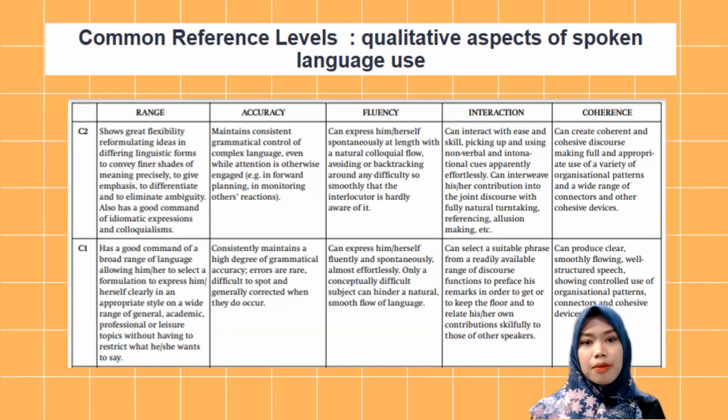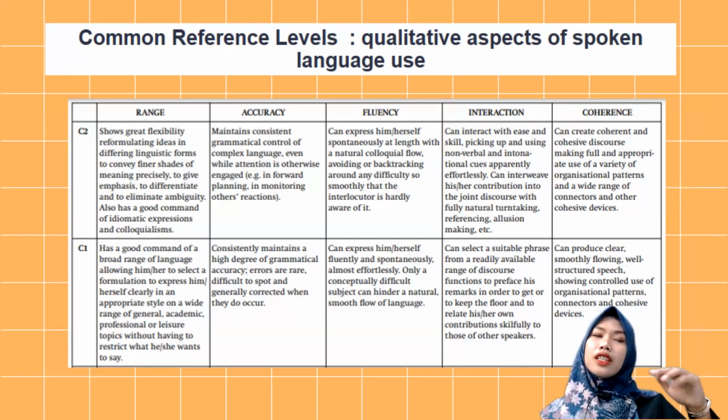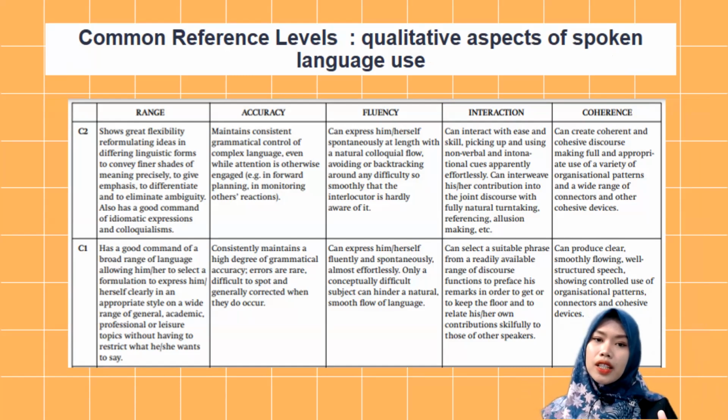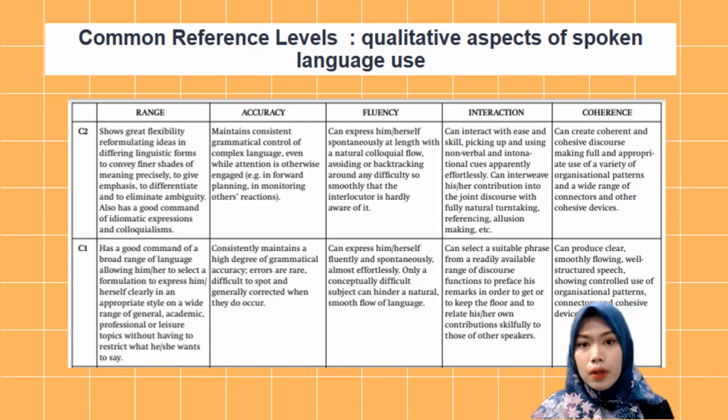And then next is common reference level, qualitative aspect of spoken language use. Okay, the range is from C2 and C1, B2, B1, A2, and A1. Okay, remember the C stage is the highest, or the mastery, or the proficiency language used.